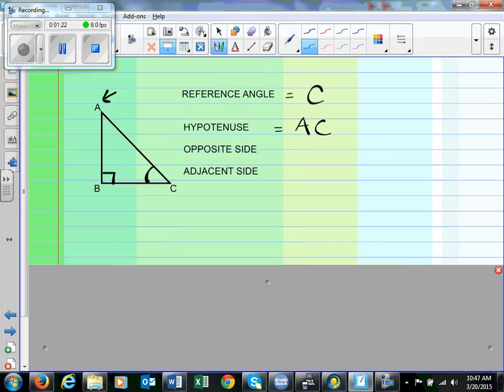The opposite side is the side which is across from C, which is going to be AB. And the adjacent side is the side that contains the reference angle, which is going to be BC. So these are the three main lengths that we are going to use to find the trig ratios.